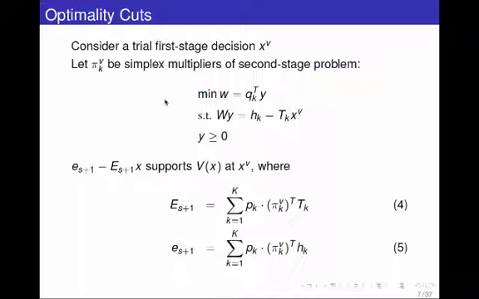So the way this thing is going to evolve is I give you a candidate, you solve the second stage optimization, you come up with a cutting plane like this that exactly supports the value function, and then you go back to the first stage and optimize as if your value function were this line here. What would be the minimum in that case? It would hit 10, so this would be your second iterate.